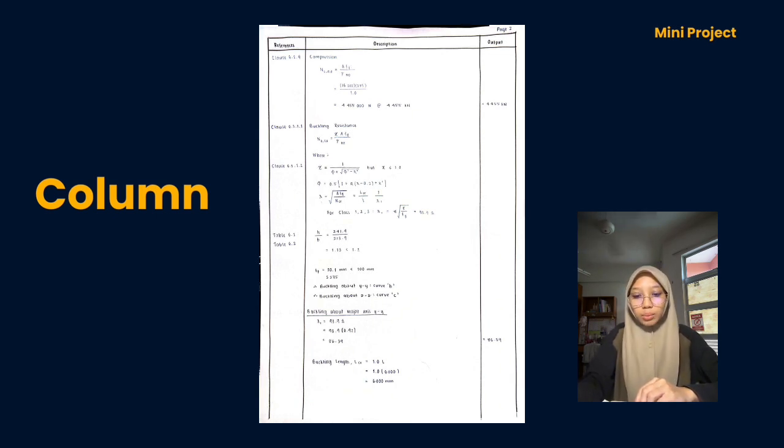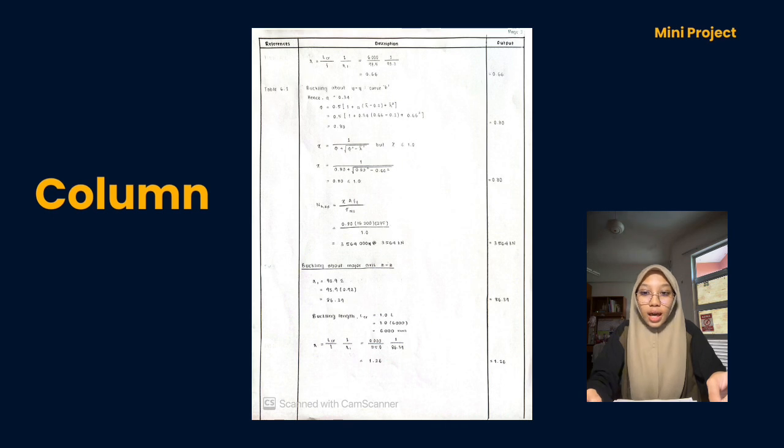For buckling about yy, curve B; buckling about zz, curve C. So, for buckling about the major axis yy, lambda 1 is equal to 86.39. The buckling length is 6,000 mm. For lambda equals Lcr over i times 1 over lambda 1, I got 0.66.